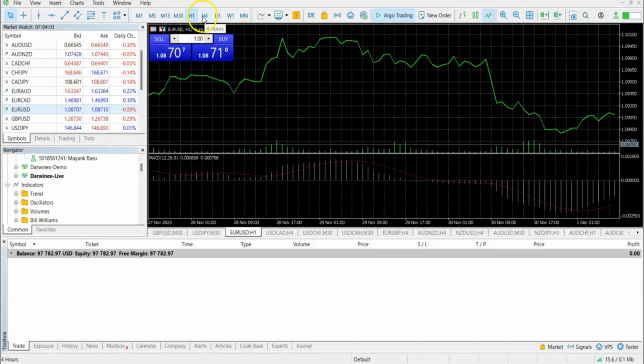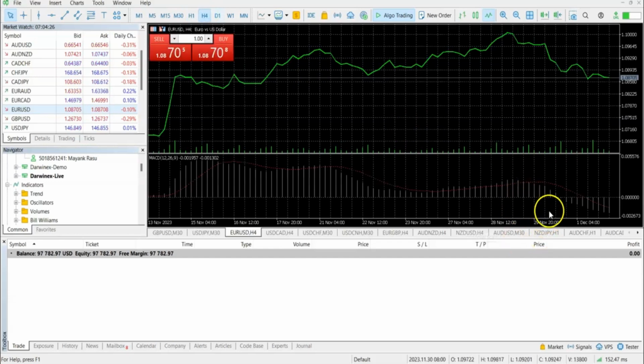My only concern is if I do that, I will lose track of the time frame. So 29th November 5 p.m. is when we got this signal. So let me go to H4 and 29th November 5 p.m. Somewhere here, we have to go back and try to find what would have been the support level. So in the short term, I would say that this would be a decent support level.